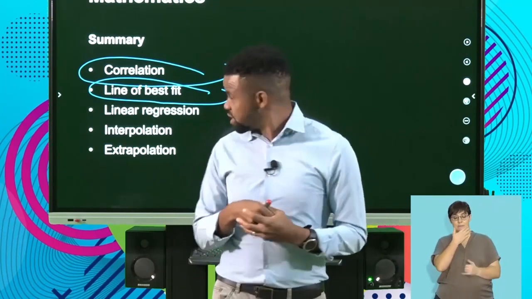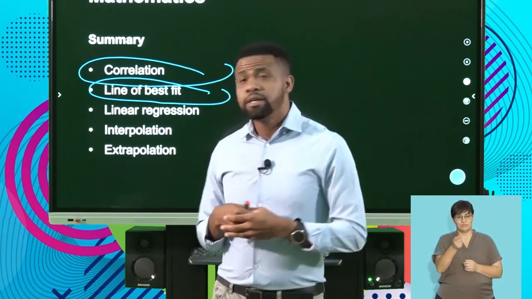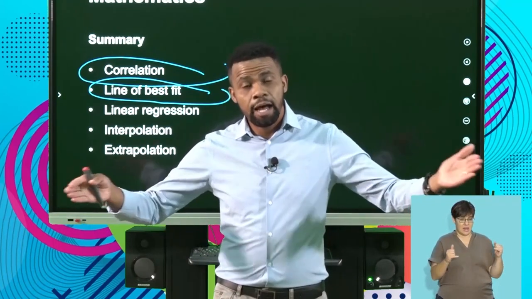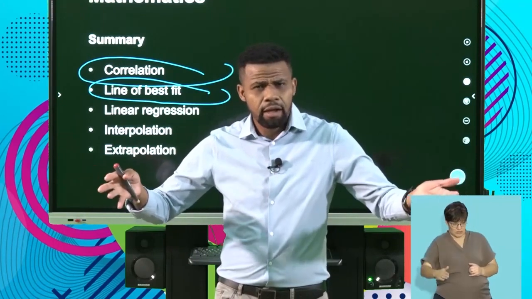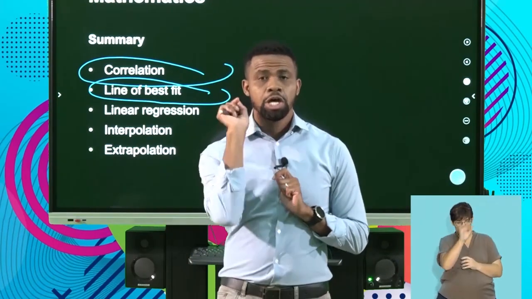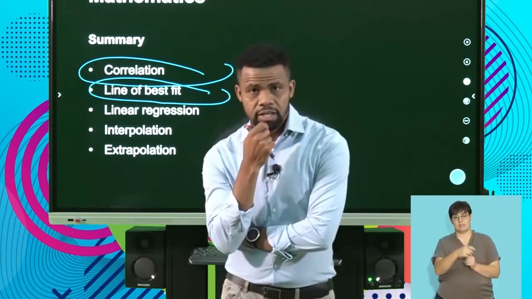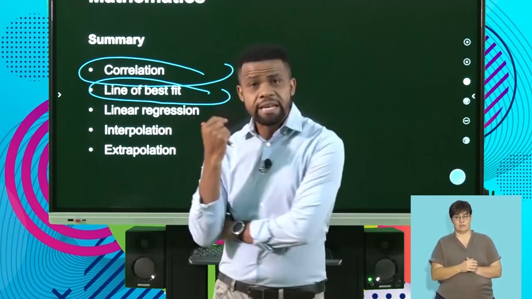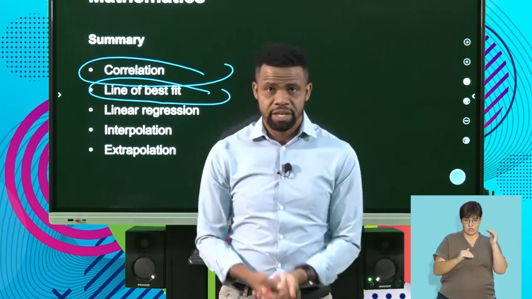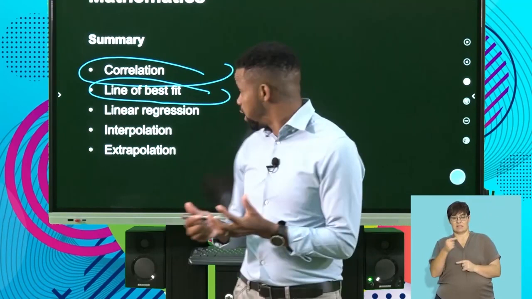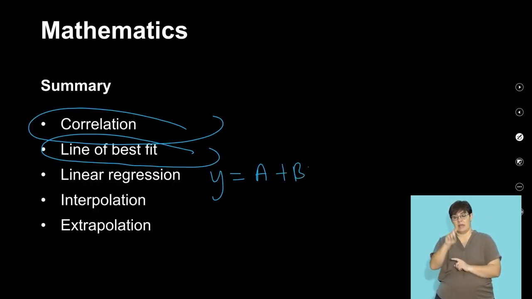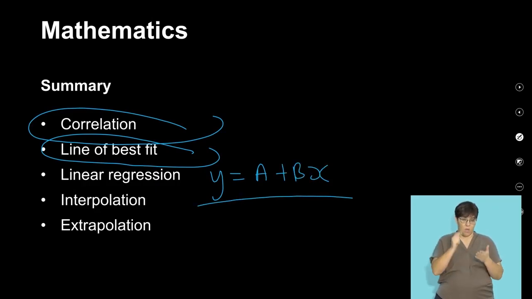The line of best fit is a straight line on a scatter plot that must pass through the mean. The linear regression is the equation of the line of best fit, y equals a plus bx. We can do that using our calculator.